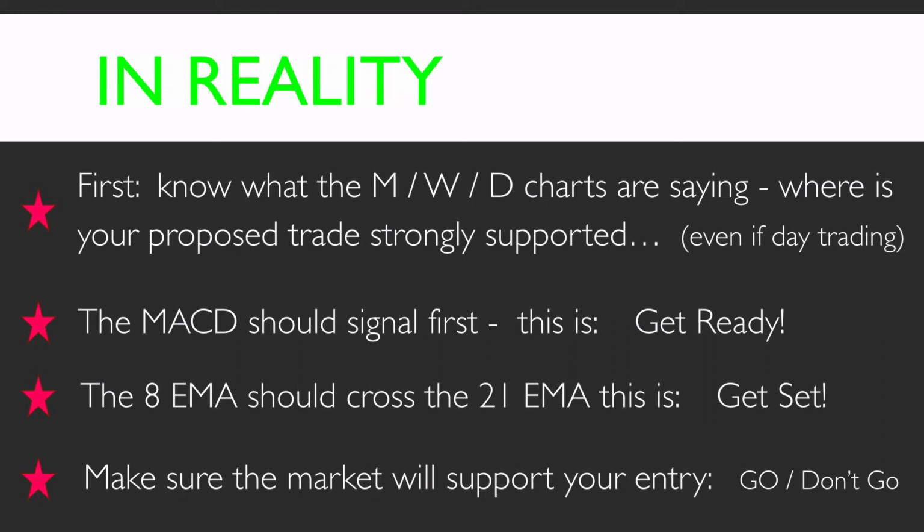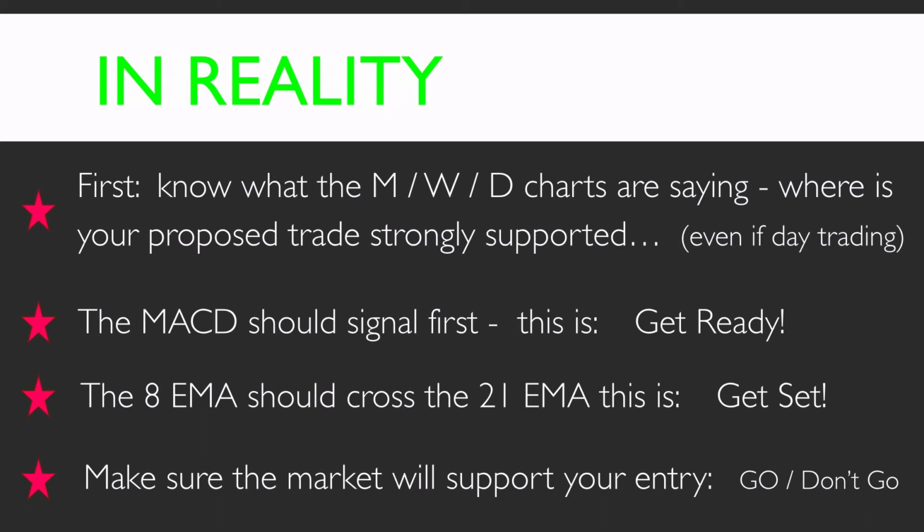The MACD should signal first. So when you think about it, once you're looking at something, the MACD should be blue line above or below red line. It should be the fast line above or below the slow line. We're going to get into that. That's in your chart setups, video number 1 and 2. And it signals first that, you know what, something's happening here. Get ready. So we do a get ready right there.